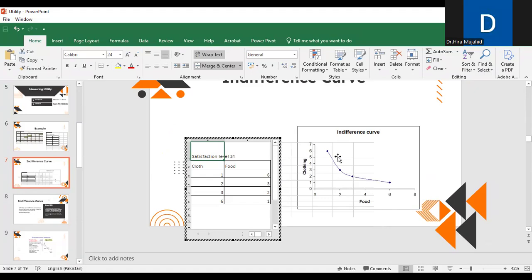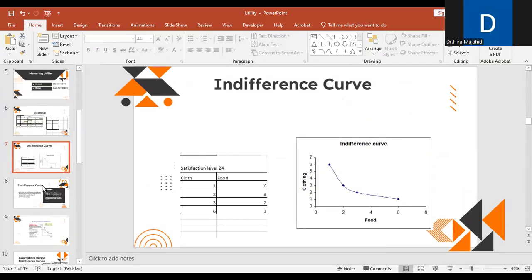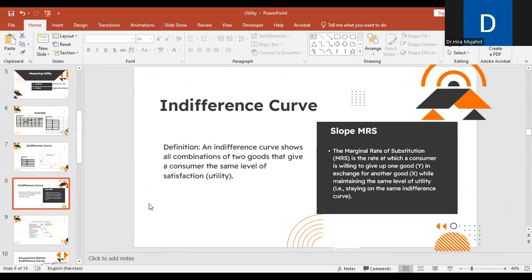When we combine all these points, we can see a downward sloping curve, which is actually our indifference curve.